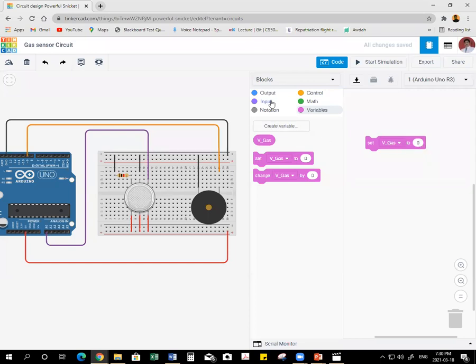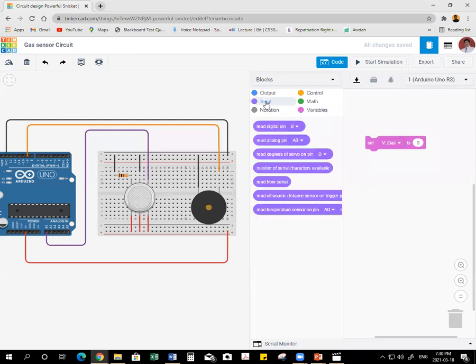So here we need some input. So read analog pin. How many pins do we have? A0 to A5. These are for reading, and the others are outputs for digital and analog output. So read analog pin, you have to drag this and keep it here. Now it is set. So set V gas to the analog pin.